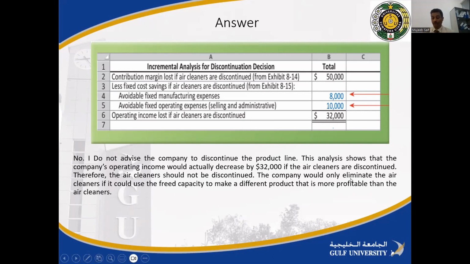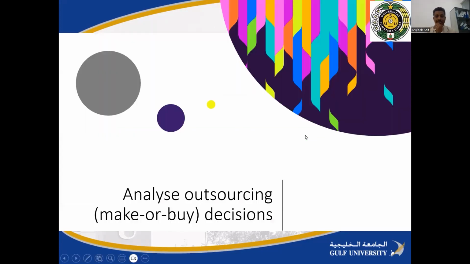The company would only eliminate the air cleaners if we can use the capacity of this production line to produce something else that will give us more profit. With this contribution, I can analyze and make another decision. With current information, this company should not close this production line.